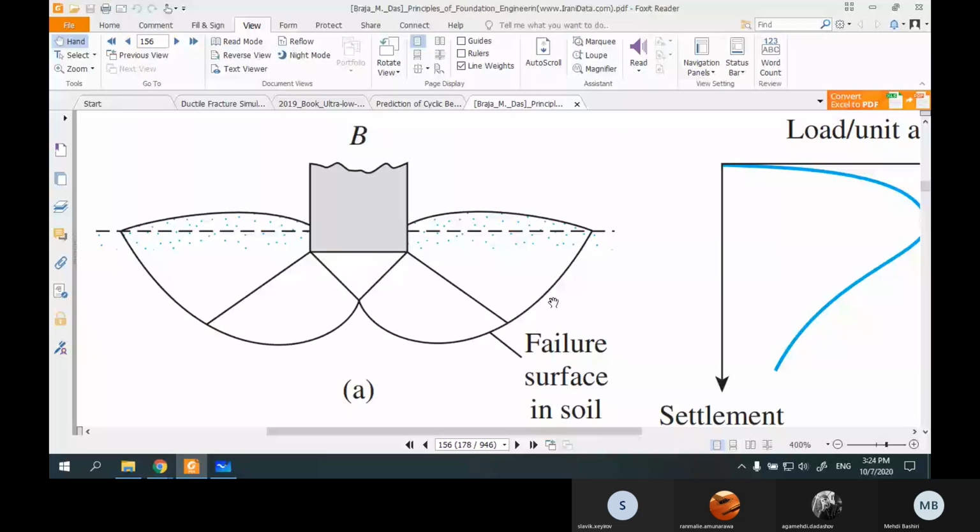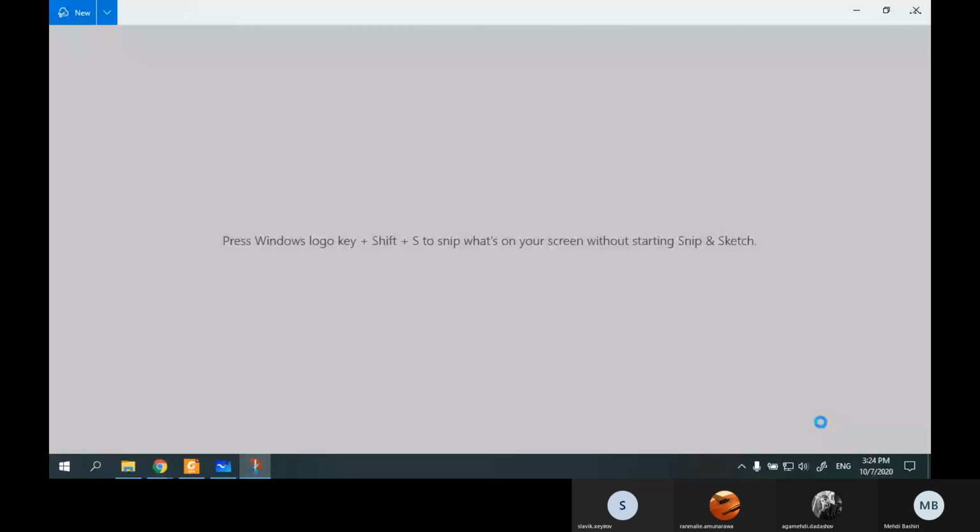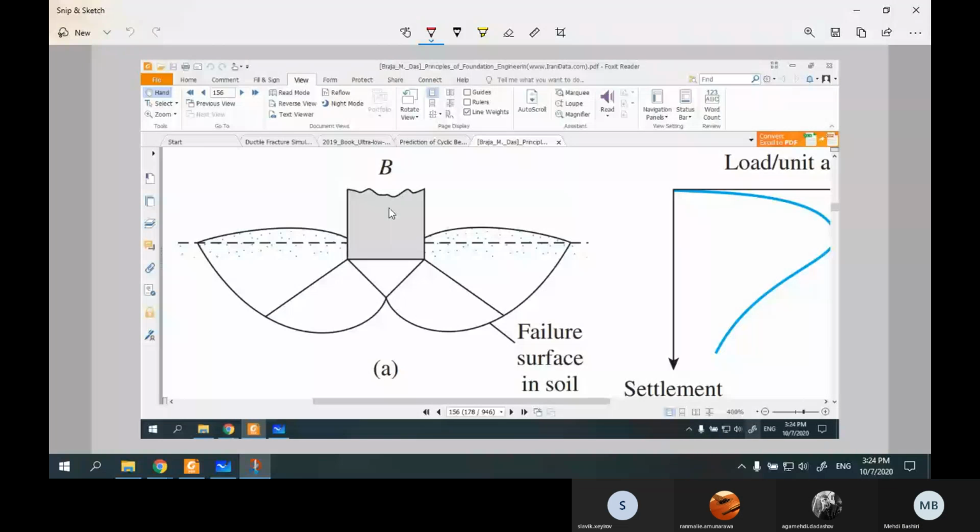Here you can see that if you increase the force more than the capacity of the soil beneath this foundation, you will have some separated surfaces like this, and the soil is split into different parts, and you're not going to have an integrated medium, an integrated soil anymore, and this is your failure.